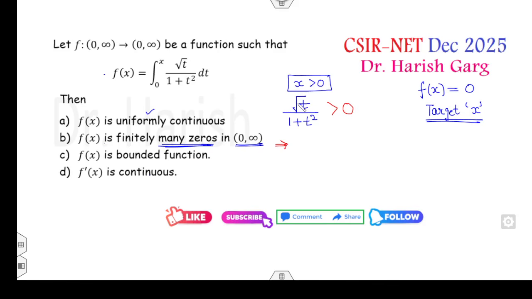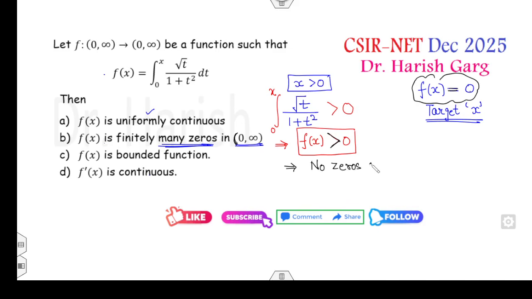Fine. अगर ये greater than है then integration is also greater than 0. If integration is greater than 0, that means f(x) is always greater than 0. What does it mean? Can you get any x so that f(x) is equal to 0? बिल्कुल भी नहीं होगा, because यहाँ पे strictly greater than 0 है, आपकी डोमेन strictly greater than है, that means there is no zeros of the f(x).